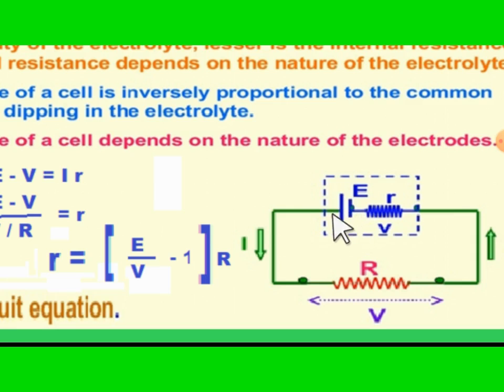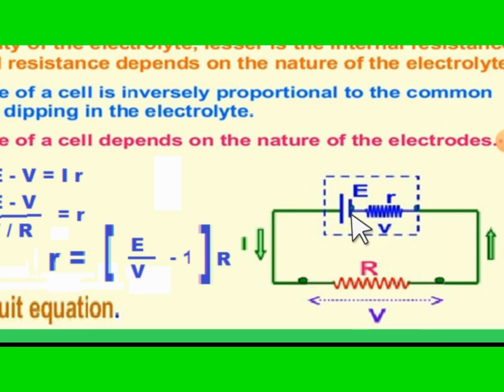In the Leclanche cell, the positive plate will be a carbon one, and the negative plate will be a zinc plate or zinc rod. So for the common area between these two electrodes, if your zinc is smaller than your carbon, then the area of the smaller electrode will be the common area.